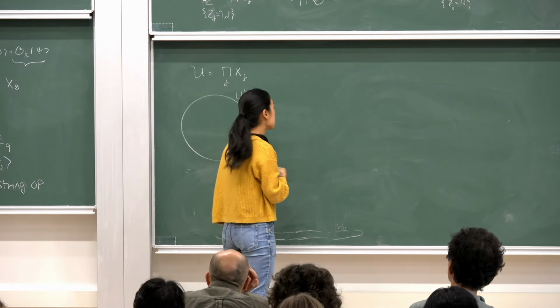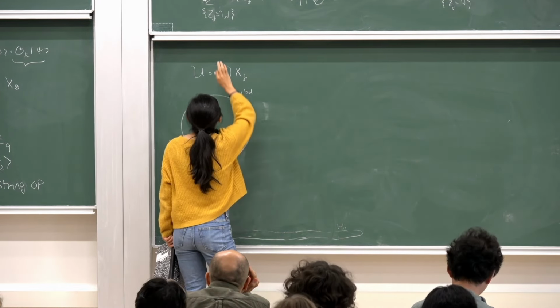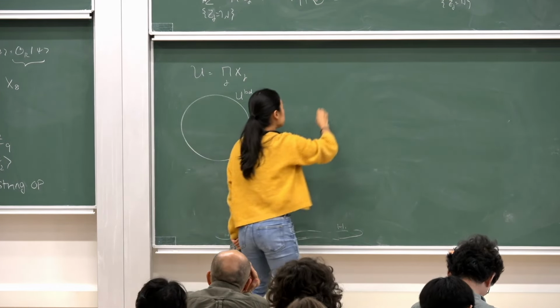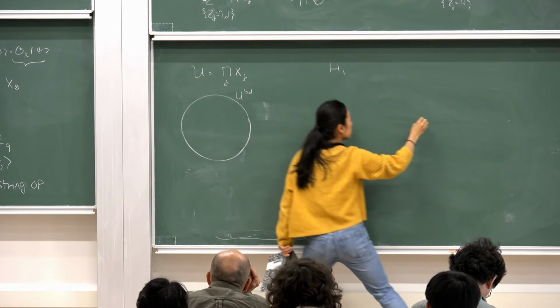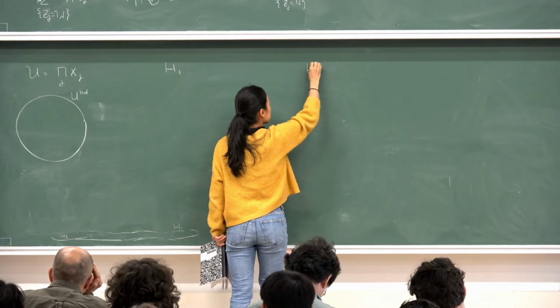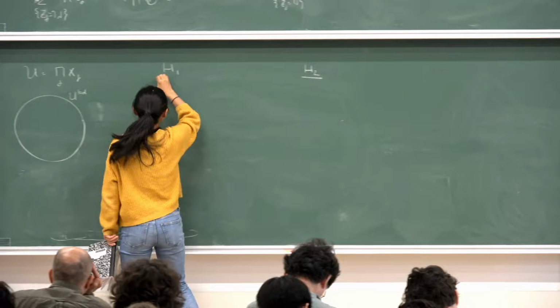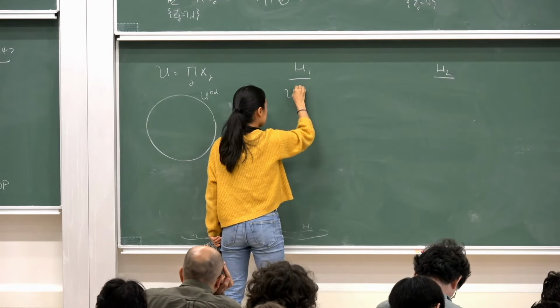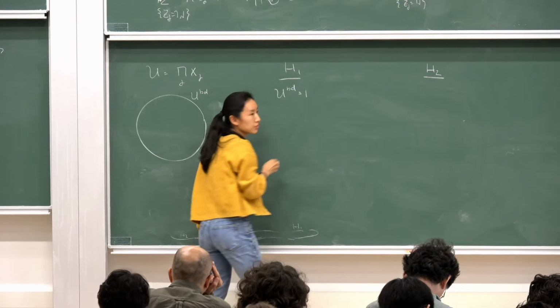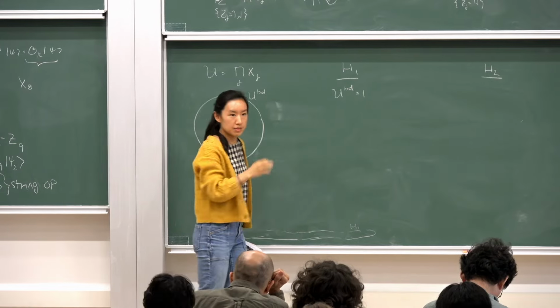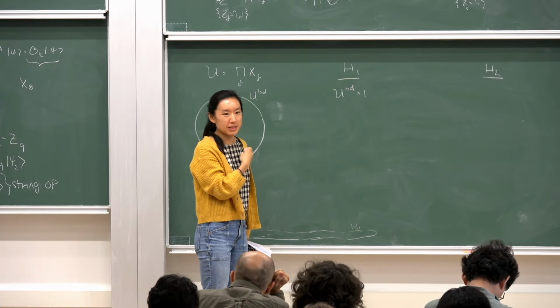I won't go through all the details, but what you'll find is that for H1, you'll find U boundary is just trivial. Similar to the trivial paramagnet in 1 plus 1D.